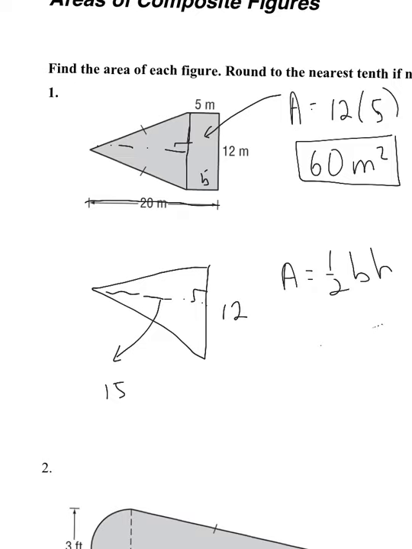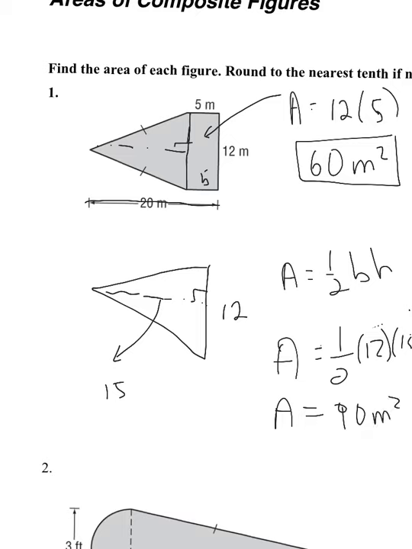So area is 1/2 times 12 times 15. Half of 12 is 6. 6 times 15 is 90. So the area of the triangle is 90 square meters.